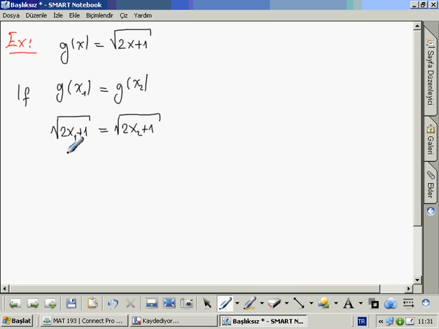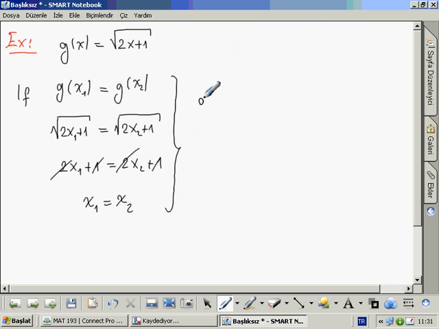When you square each side and cancel, you obtain x1 equals x2, so we can say g of x is 1-to-1, so it's invertible.